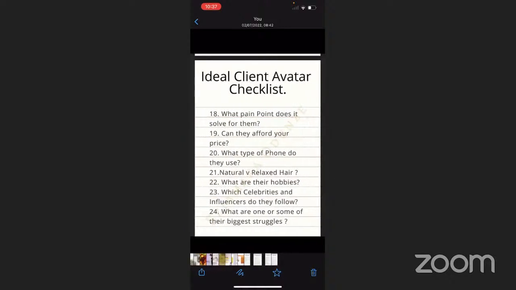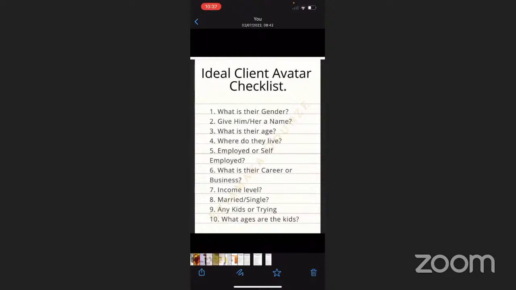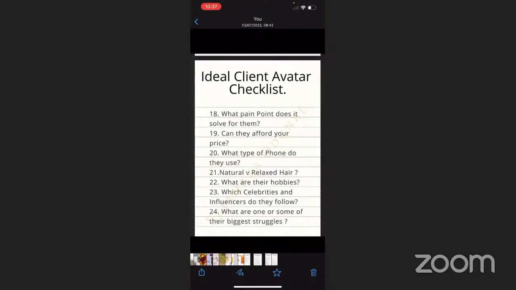She's likely to buy the product because the child needs it. Her pain point is that she wants to boost the child's brain and she wants the child's structure to be strong. She can afford the price because she really needs it. She wants a good life for that child. And she has an Android phone and she has natural hair.